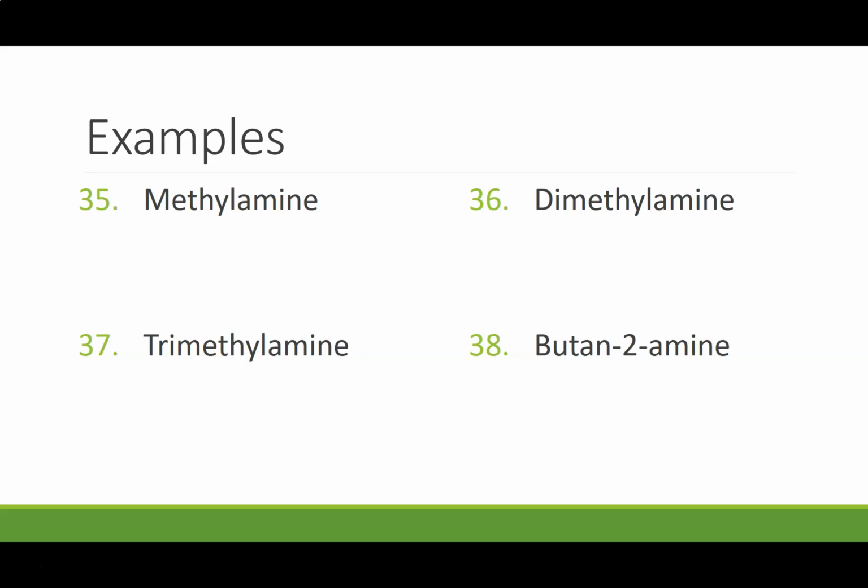We'll go ahead and draw the few amines that are in your guided practice packet. However, you are not expected to be able to name or draw amines. So in number 35, we have methylamine, which is a methyl group, a carbon atom, attached to an amine, the nitrogen atom, and the nitrogen atom will have 2 hydrogen atoms bonded to it, and the carbon atom would have 3 hydrogen atoms bonded to it.